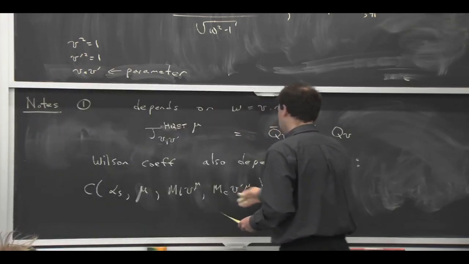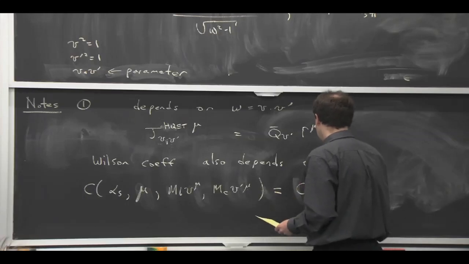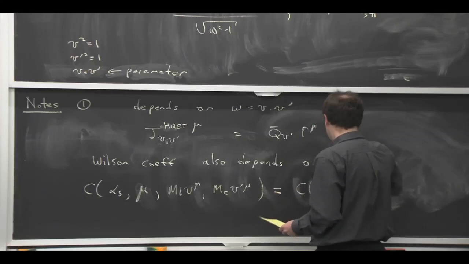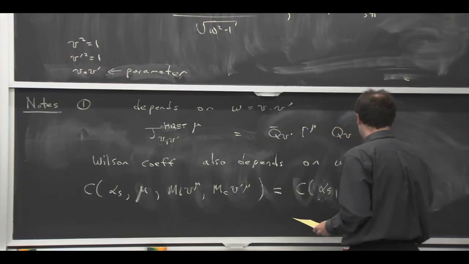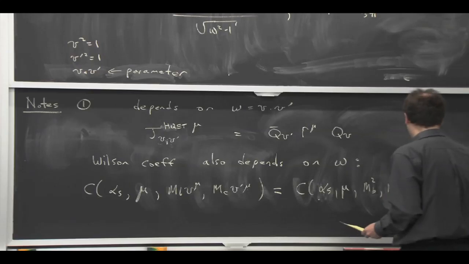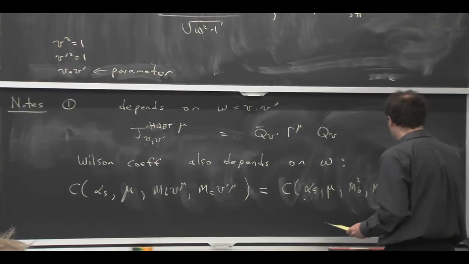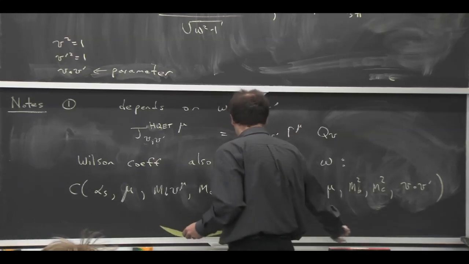But since we know that this thing is a scalar, we can just square these, dot them into each other. So it's really a function of mu, of alpha s, mu, mb squared from squaring the mb term, and mc squared, and then this w factor. Those are the scalar quantities it can depend on.